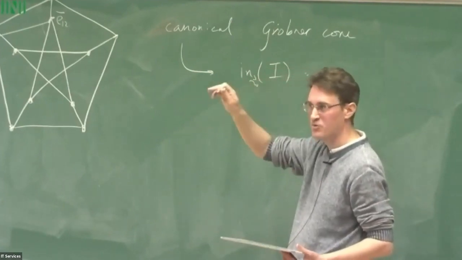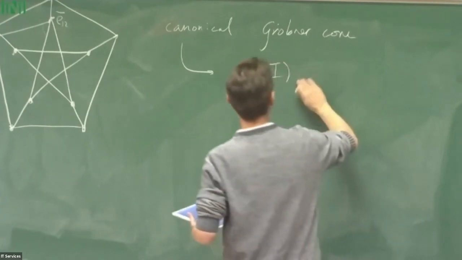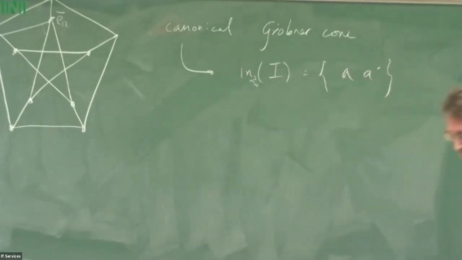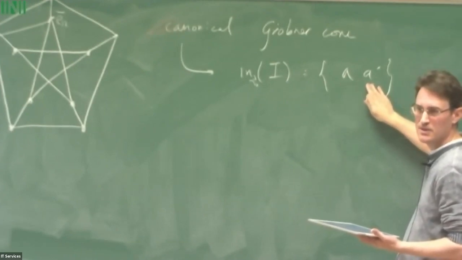Okay, so it's like A A prime pairs where A prime is the mutation of A. It's the set of all A A prime pairs. So therefore, you can read off from this all the factors, the letters. And the list of generators that you have is the list of forbidden singularity pairs in the symbol of the function that you want to study. Okay, so A A prime, that exhausts all the non-neighbors in the cluster algebra.